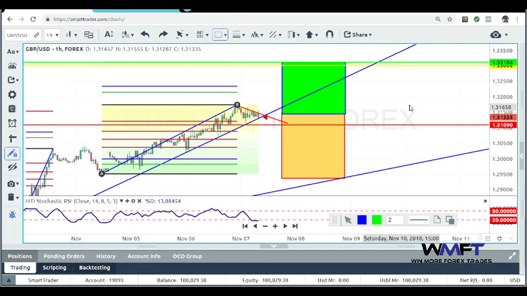So it's about a 1-to-1. And like I said, we'll just wait for this downtrend line to break bullish, and then we'll buy the market.